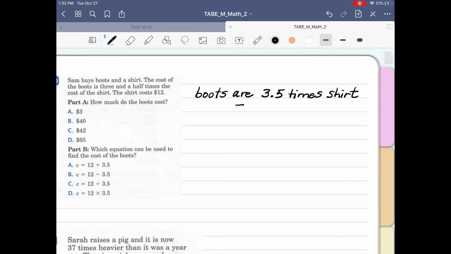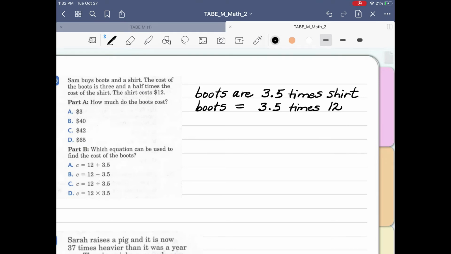Are is a linking verb. That's your equal sign. We know the shirt costs 12. So 3.5 times 12 will give us the cost of the boots.